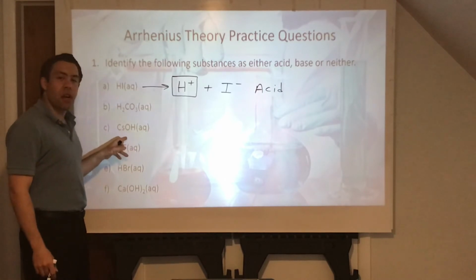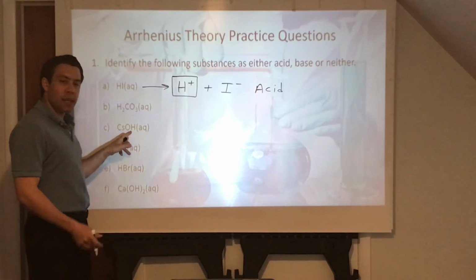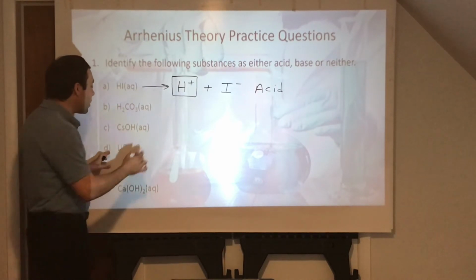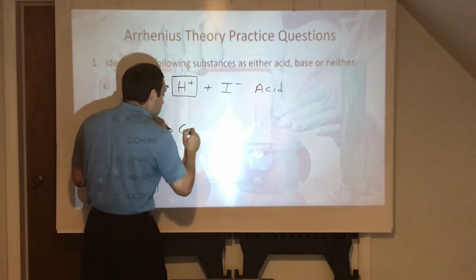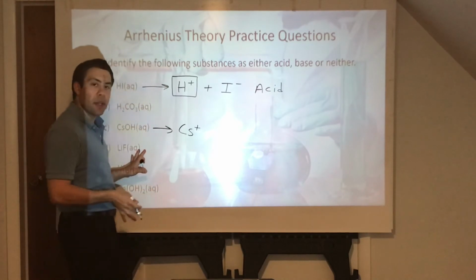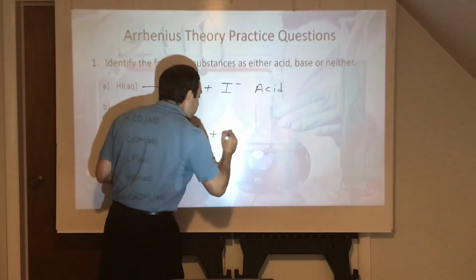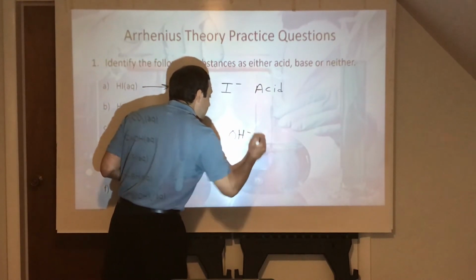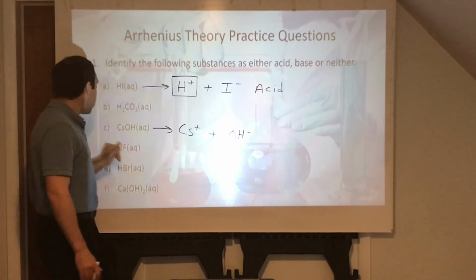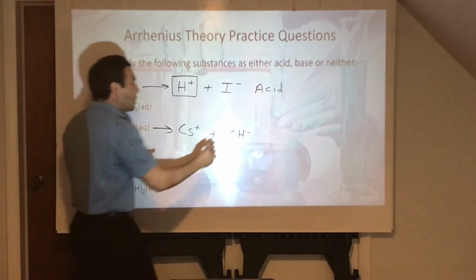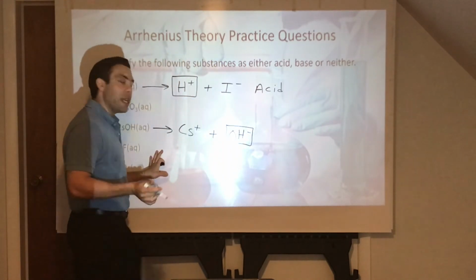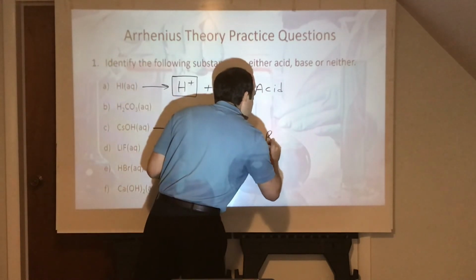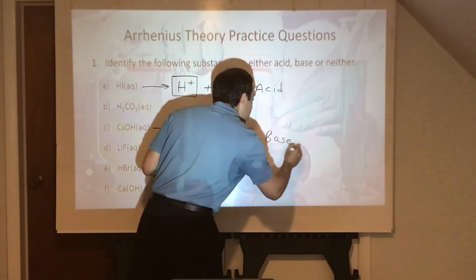When we look at letter C, cesium hydroxide, aqueous, when that dissociates in water, it breaks up into cesium 1 plus ions and OH minus ions. Since cesium hydroxide gives off OH minus ions in solution, it is considered an Arrhenius base.